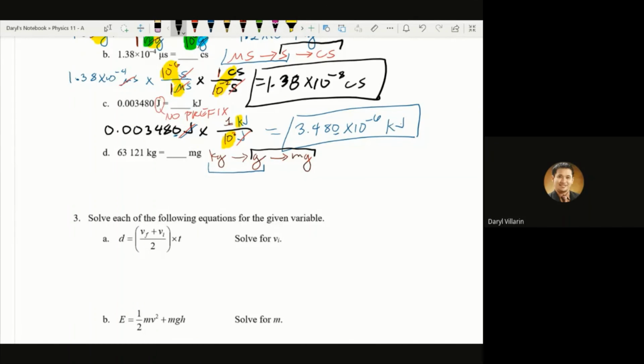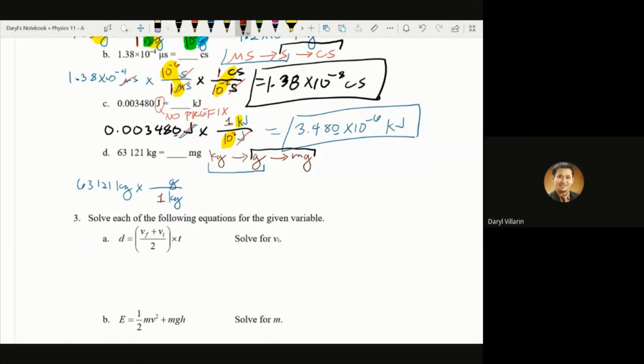So I'm gonna start with, again, my given 3,63121 kilogram, and then multiplied by the conversion factor. Again, first step is kilogram to gram. So I'm gonna write my kilogram at the bottom and gram on top, because again, the unit that I have is kilogram. So the bottom unit should be in kilogram. And then I just place 1 there.